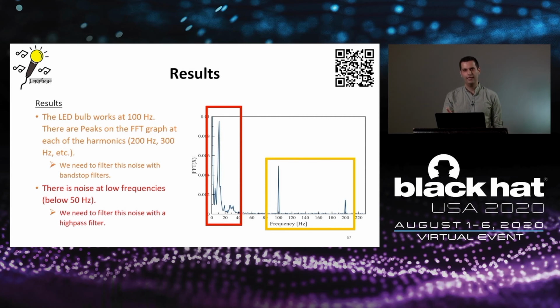So there's a lot of vibration noise that is the result of the bridge vibrating. The second conclusion that we made from this result is that we need to filter this noise with a high-pass filter. Now, all of these conclusions are in order to isolate the audio signal from the optical signal without adding a lot of noise to the audio signal.